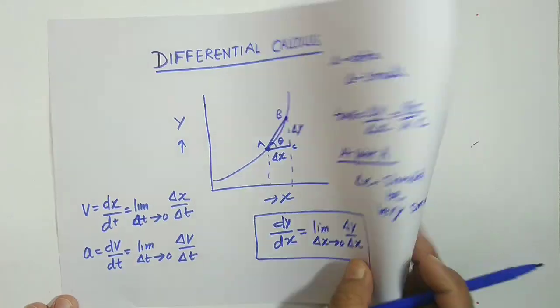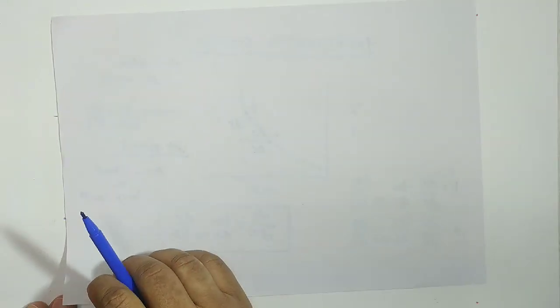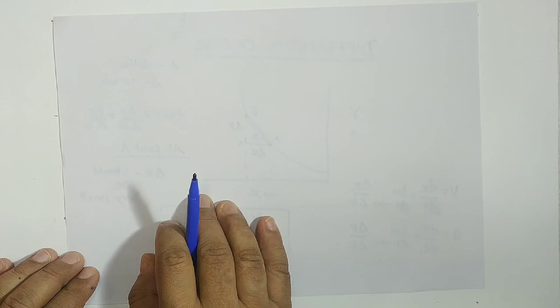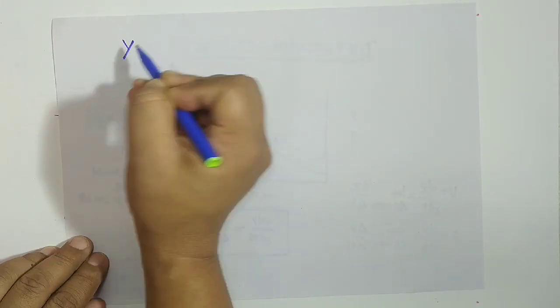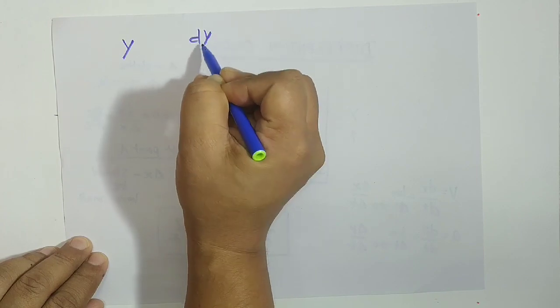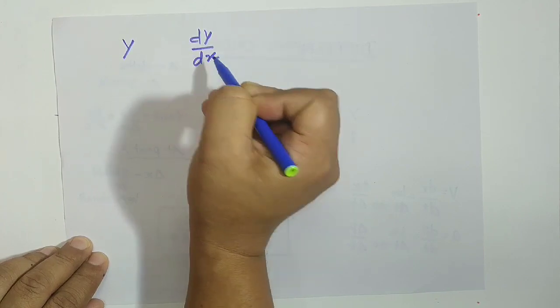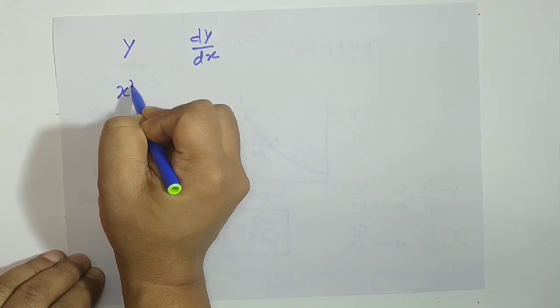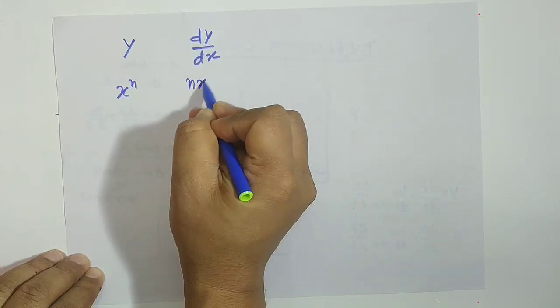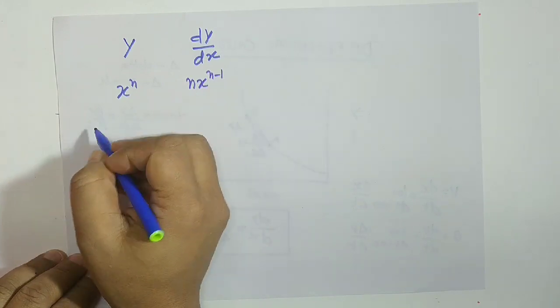And now we have some very common formulas for this. I am writing them in a table. Say we have a function y. So differentiation will be dy by dx. For x to the power n, differentiation is n x to the power n minus 1. These are the formulas.